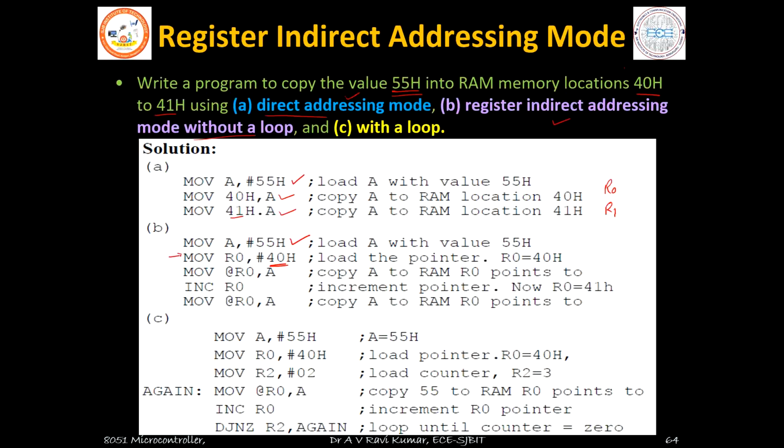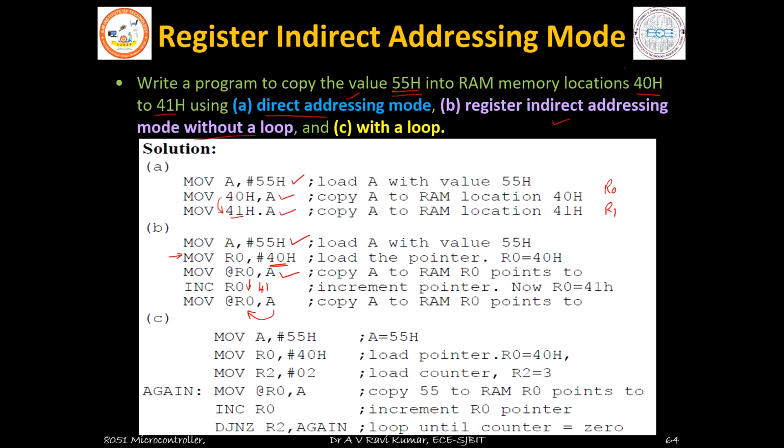This is the address held in R0. The first value I move into 40. Next, for the location 41H, I increment R0. R0 now becomes 41. So the accumulator content I put directly into 41H. It is very simple.